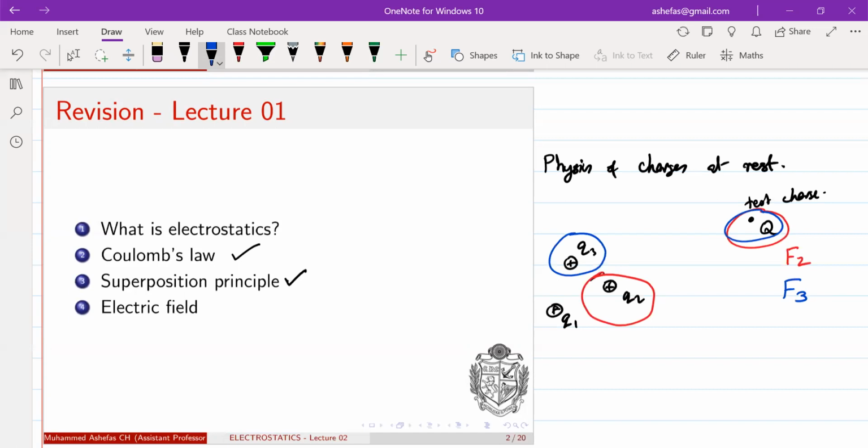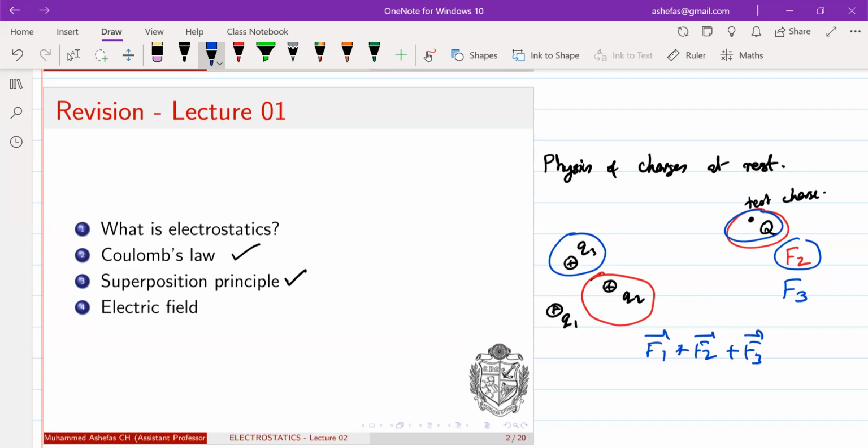Now F2 is constant. F2 does not depend upon the presence of Q3. Whether Q3 is present or not, the force between Q2 and capital Q is always F2. Therefore the total force on capital Q I can write as F1, the force exerted by Q1, plus F2 plus F3. Remember, all these are vectors.